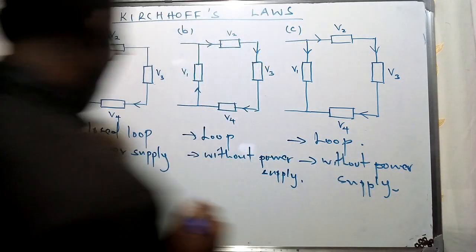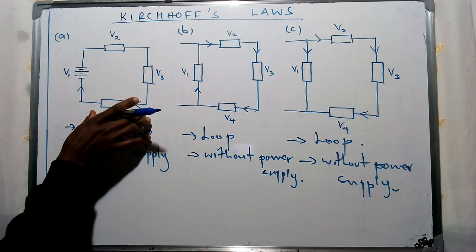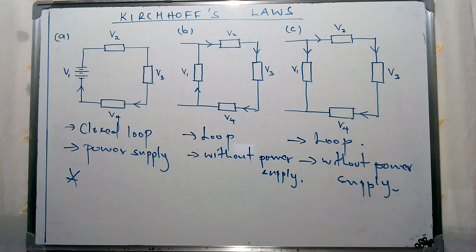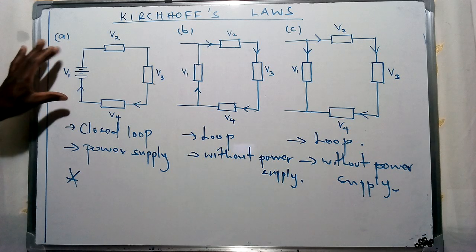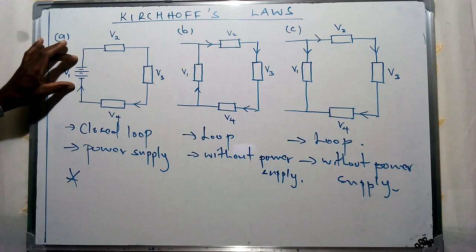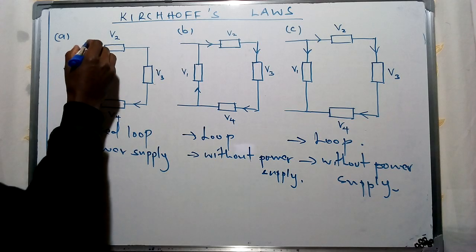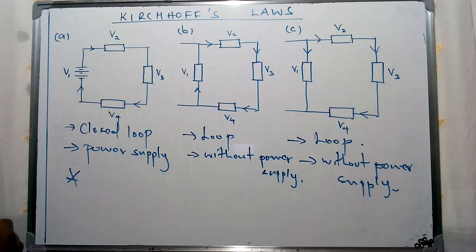But there's a unique case which I've left for the third one, which we need to identify. If you look at this one, there are various aspects of the rules which we have mentioned, especially the direction of current, given the source of electromotive force. We mentioned that for cells, the positive terminal is assumed to be where the current flows out. Therefore, we have given this specific direction for the current flow.